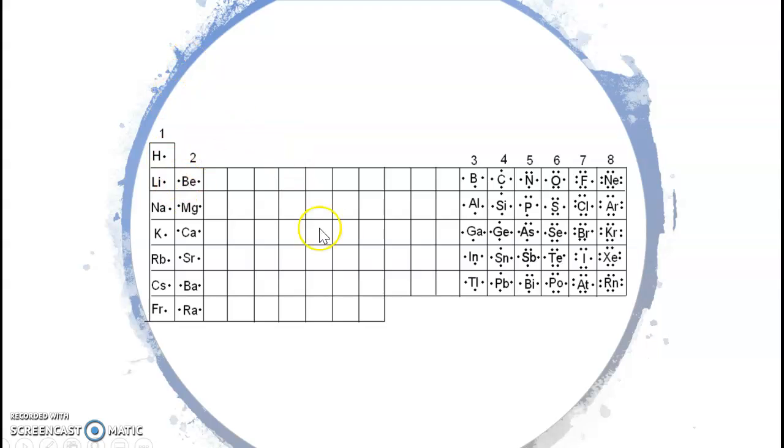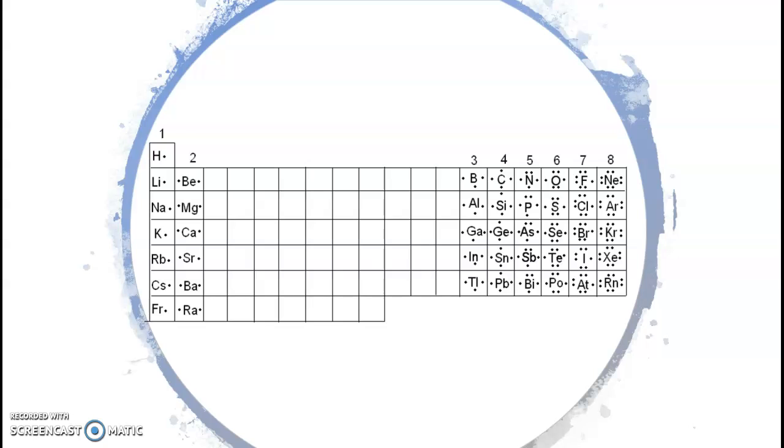But you can see the trend in the A groups, 1, 2, 3, 4, 5, 6, 7, and 8. And what's important about that for us to make sure that we know that and we can see that everything within a family has the exact same valence energy level. They all have the same number of dots. That means they all have the same number of electrons.